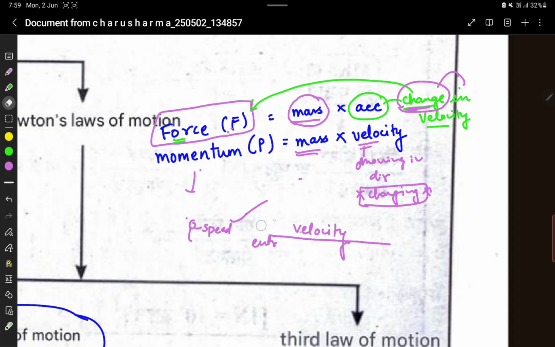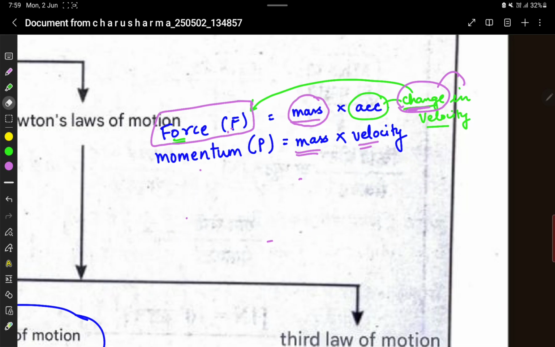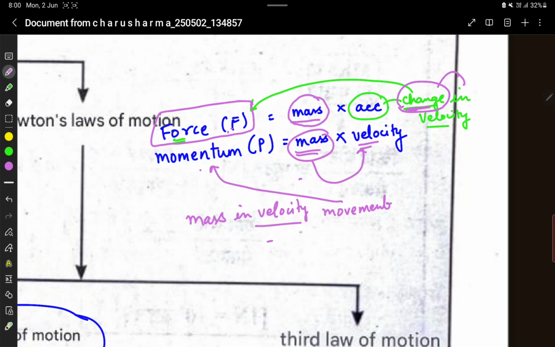Last thing that I want to make clear about momentum is that momentum is nothing but mass in velocity. That's it. Whatever the mass is, if it's in velocity, if the mass is having a movement, we define it as momentum.